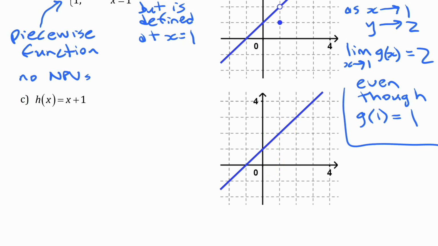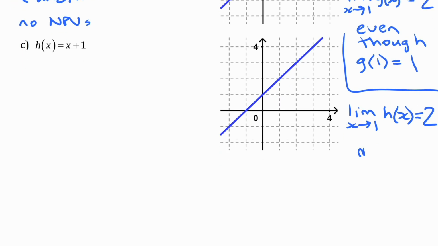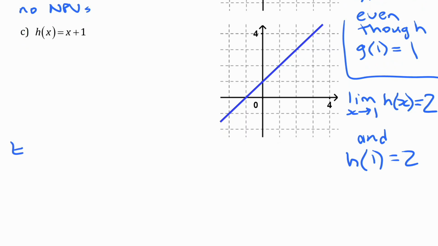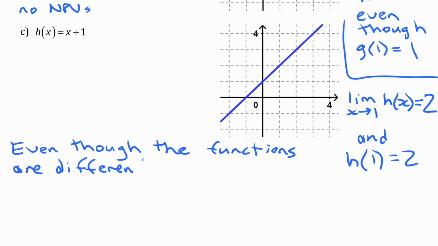So the limit as x approaches 1 of h of x is 2. And for this simple function, of course, you can see that the function value h of 1 is also 2. So in this case, those two things are the same, but as you saw above, that doesn't necessarily have to be the case.